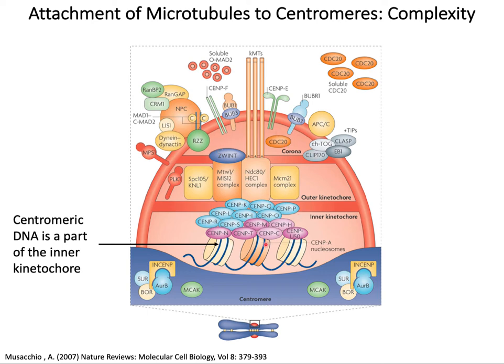Then you can see that the inner kinetochore protein complex contains the centromeric DNA wrapped around the histone to form a nucleosome. We're going to talk about two proteins shown here in this figure. One is CENP-A and another is ORB, which stands for the Aurora B kinase. So the take-home message from this figure is only the general organization of the structure and appreciation of the complexity.